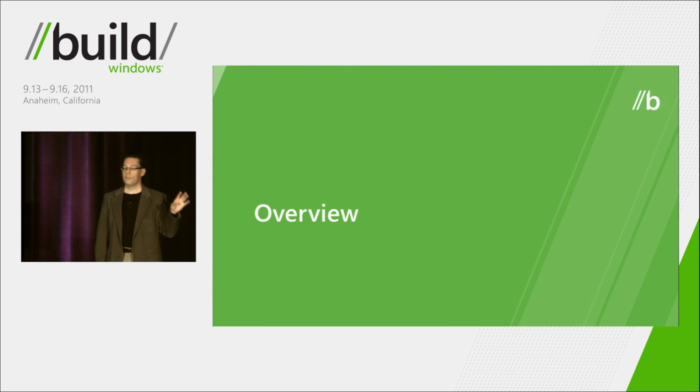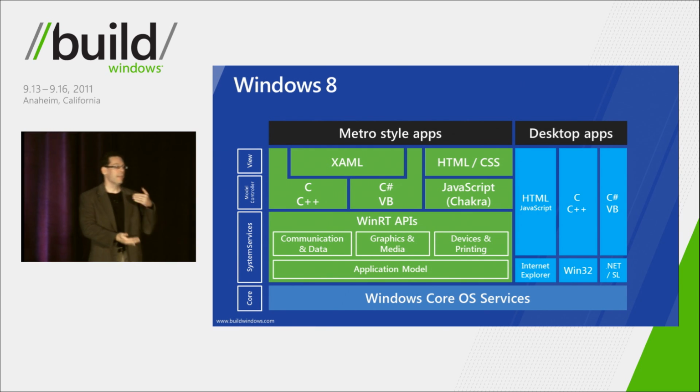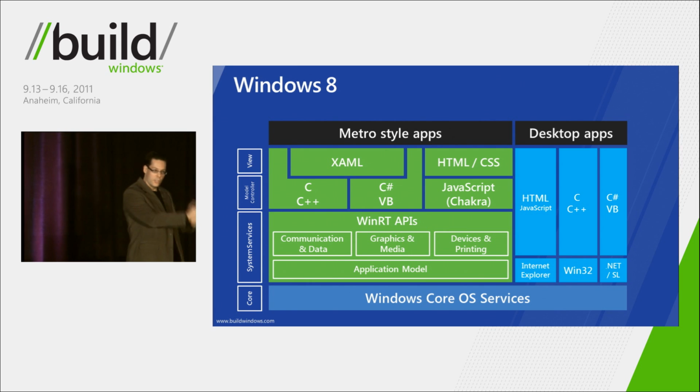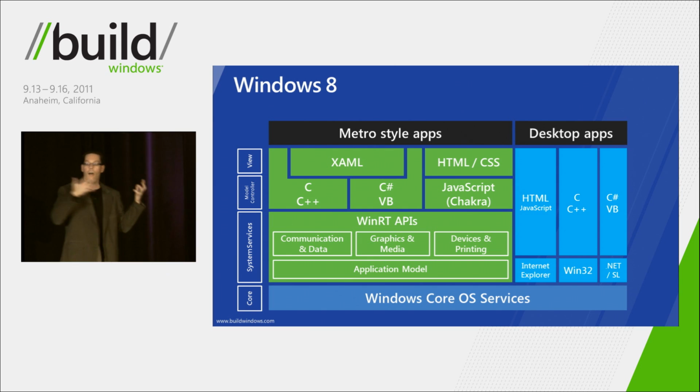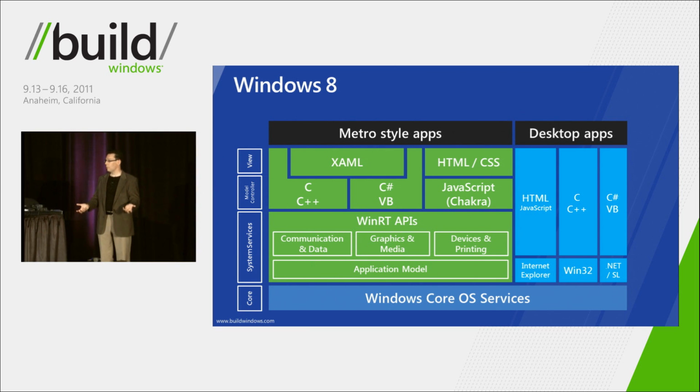So let me begin with an overview. You've seen this slide before. It's a key slide, and in particular, the part that I want to really show here is that we really mean it when we say that C++, C# and Visual Basic, JavaScript and HTML are all first-class citizens on this platform.